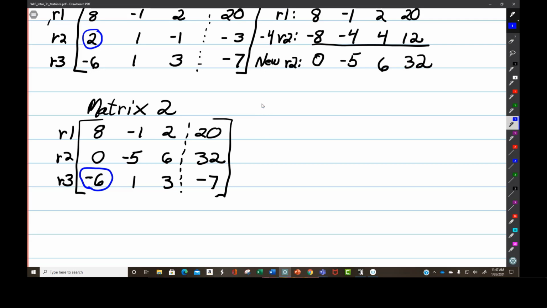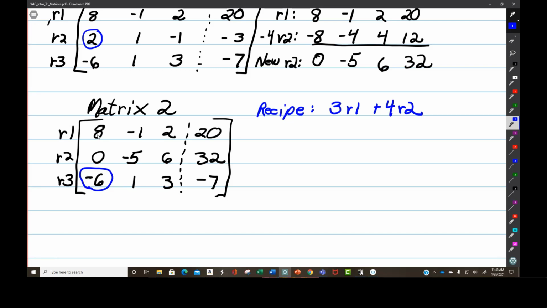So my recipe is going to be 3 times row 1 plus 4 times row 2. Notice I don't have to make it negative because this is already negative.